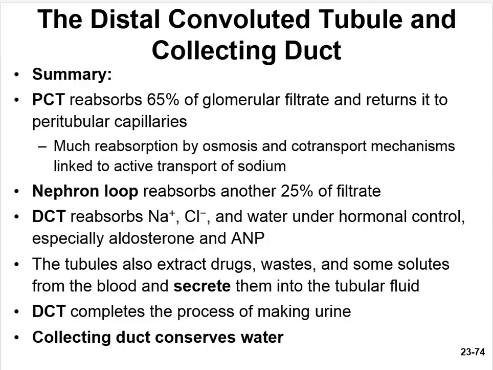The DCT reabsorbs sodium, chloride, and water under hormonal control, especially aldosterone and ANP. The tubules also extract drugs, wastes, and some solutes from the blood and secrete them into the tubular fluid. And the DCT completes the process of making urine, and the collecting duct conserves water as well.